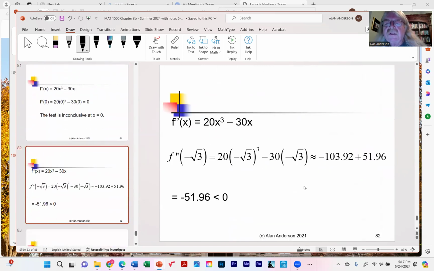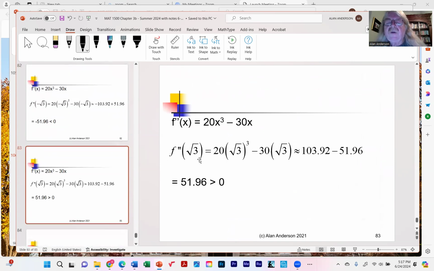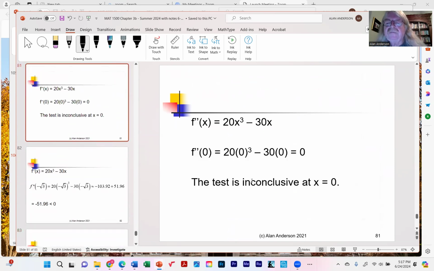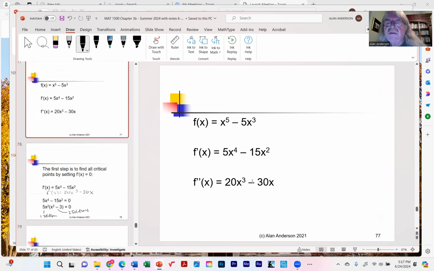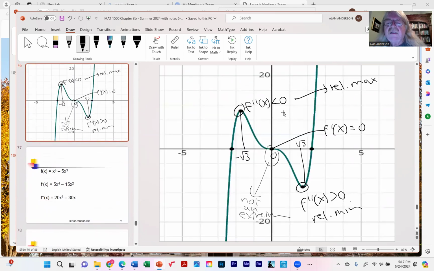What about the other two? At negative radical 3, the second derivative is negative. At radical 3, it's positive. So we have a negative second derivative here and a positive second derivative here, which implies a relative maximum and a relative minimum.